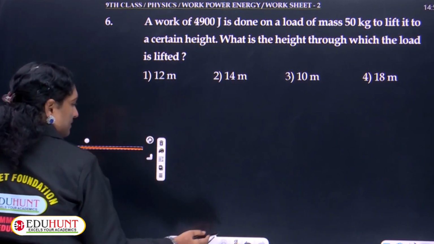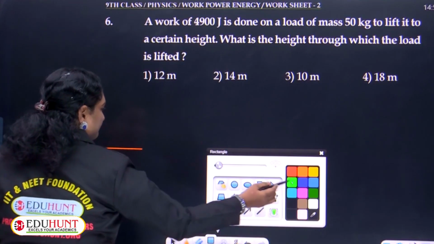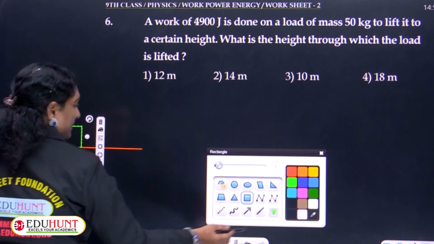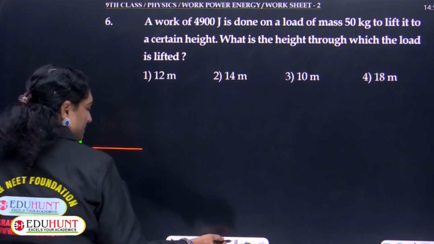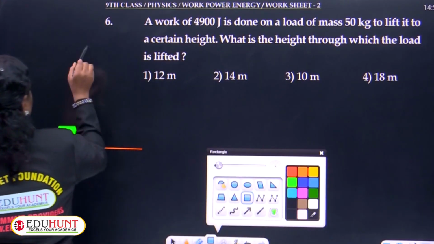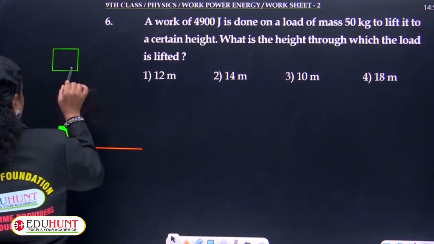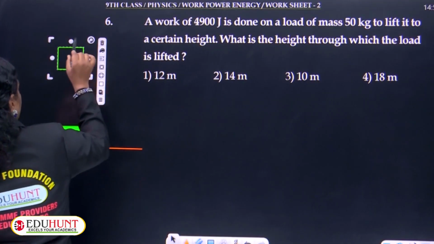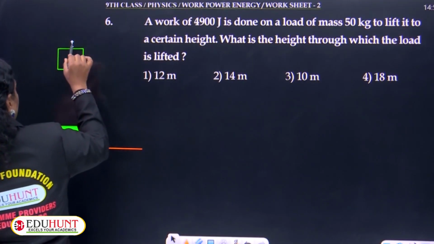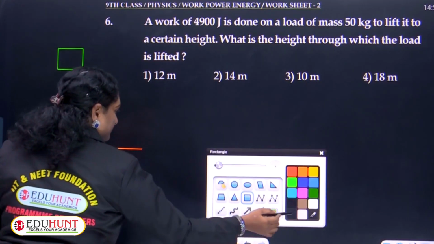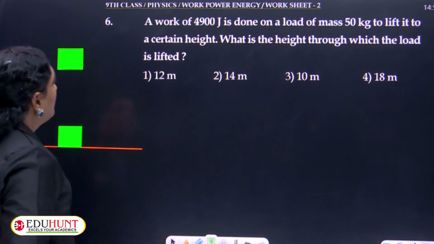Here a block of mass, how much mass is given? Yes.